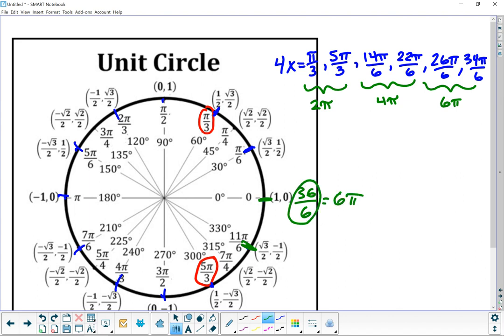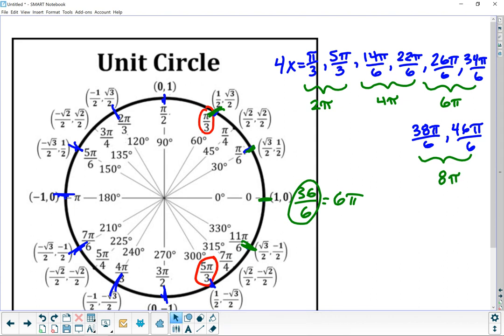Okay, we need one more. So at 36, 37, 38. So my next one is 38 pi over 6, 39, 40, 41, 42, 43, 44, 45, 46. So 46 pi over 6. All right, and that's my last set of answers. That's my 8 pi. Okay, hopefully that didn't confuse you too much. It shouldn't, but if it does, sorry about it.